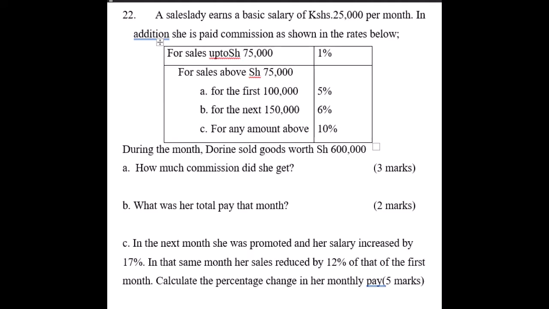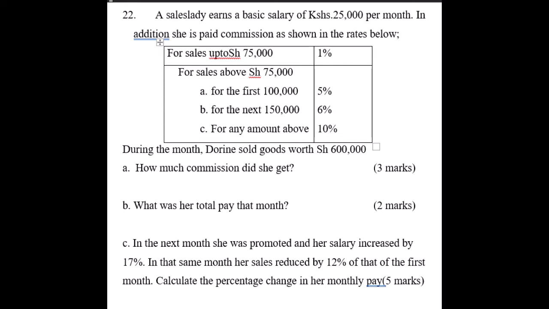Question number 22. It's a question on commercial arithmetic. That's all about commission. With this, you have a sales lady who earns a basic salary of 25,000 shillings per month. In addition to that, this lady gets a commission. If this lady sells goods up to 75,000, she gets 1% of the total sale.